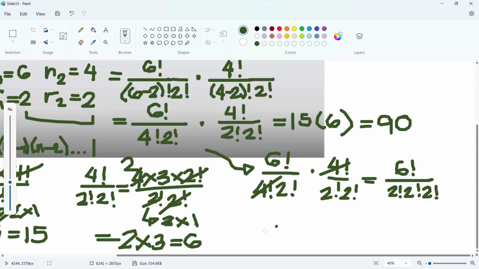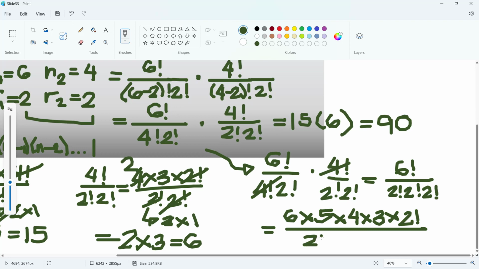Again, 6 factorial can be written as 6 times 5 times 4 times 3, and I'll end up at 2 factorial over these 3 2 factorials, 1, 2, and 3. Of course, I could cancel this. But again, 2 factorial is just 2, so I could cancel the 2 here, leaving 3.